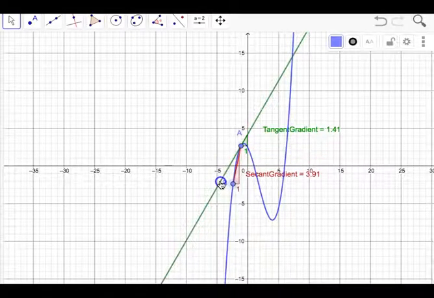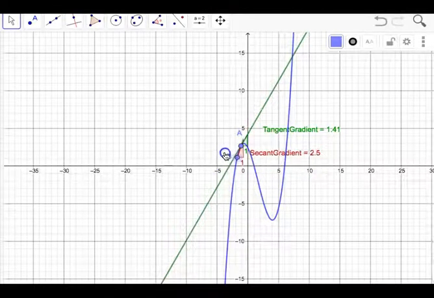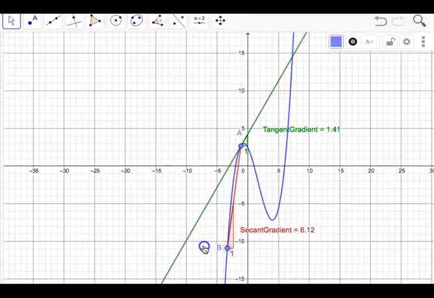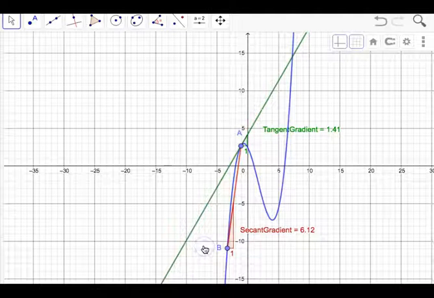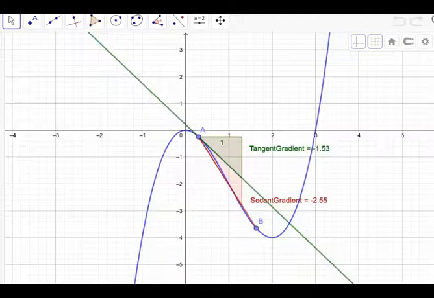So can you see as B gets closer and closer to A that the gradient of the secant approaches the gradient of the tangent, okay? Can you see that? So in graph number 2, activity 2, the gradient of the secant approaches the value of 1.4, therefore the gradient of the tangent is 1.4. Got it?